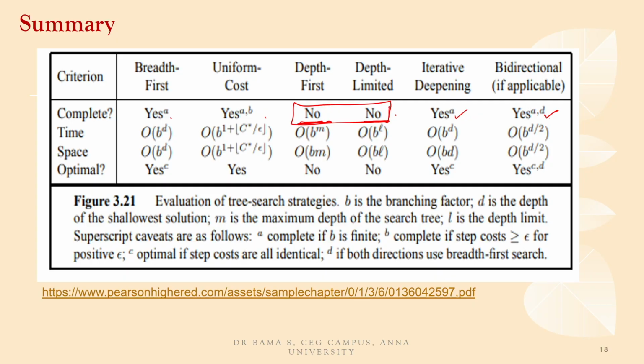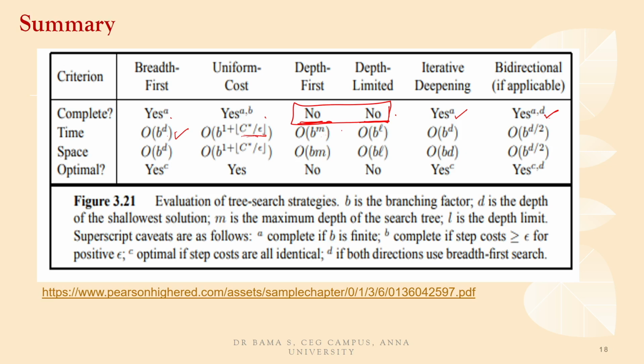Then the time complexity, if you see for each of the searches, for breadth first search it is b power d, and uniform cost search it is very similar to that of BFS, except that we have the cost associated with this, and depth first is b power m, where m is the maximum depth.